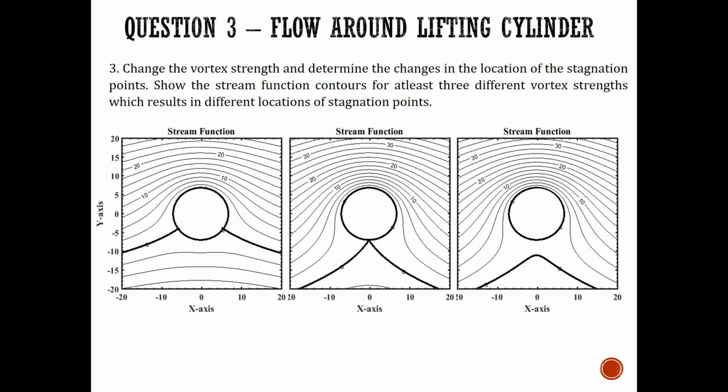So as you increase the gamma value, you have two stagnation points, and then as the gamma keeps increasing, the stagnation point moves closer and closer to the bottom surface. At some point, it's going to come off of the surface, right? So you're trying to create these different flow fields using your code and try to understand how things change.